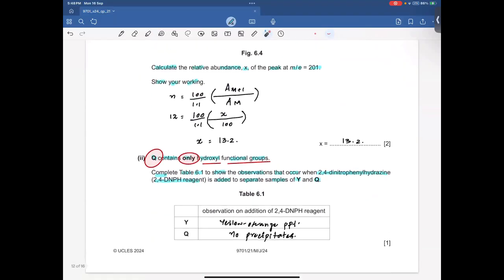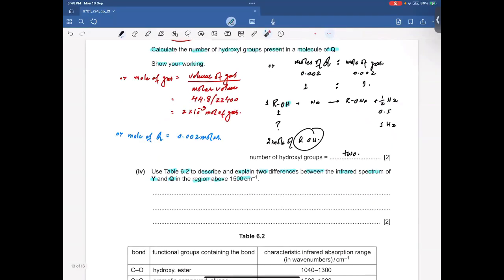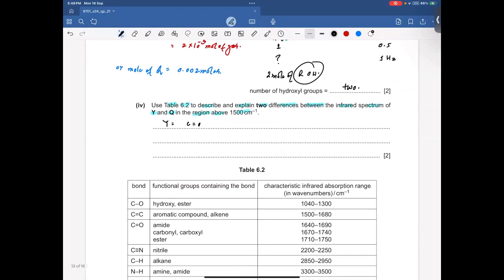Ketone has a carbonyl group. Y has a carbonyl group, and it exists between 1670 to 1740 centimeter inverse.